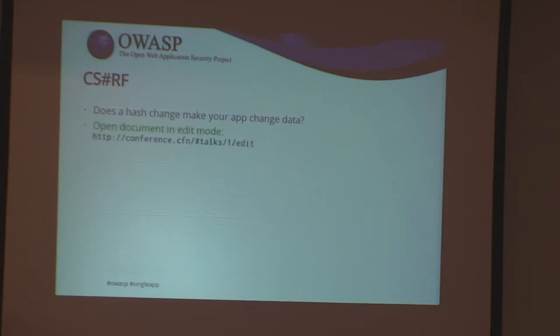So in this URL, we're just opening a presentation from a conference in edit mode. That doesn't change the data, so that's okay. But if a hash change will actually delete something, then we have a problem. And this actually circumvents normal CSRF protection. So let me show you an example.